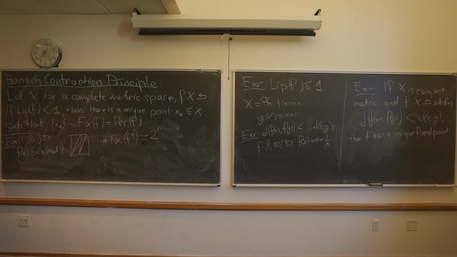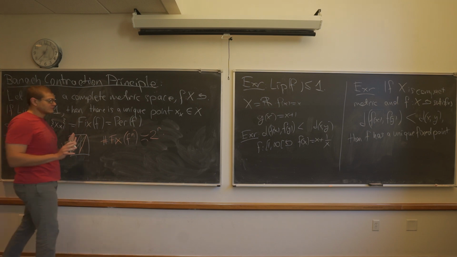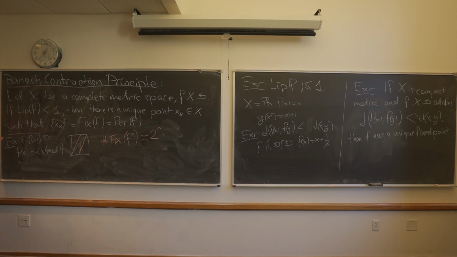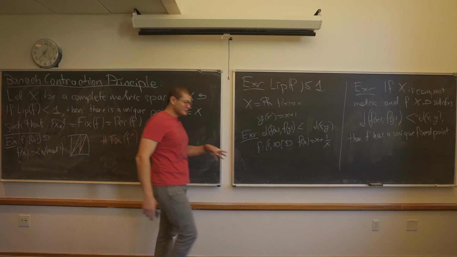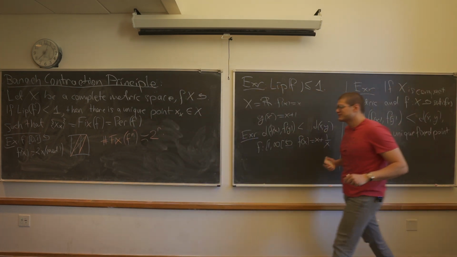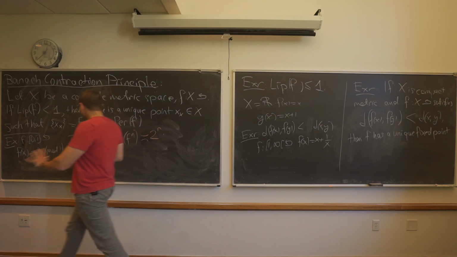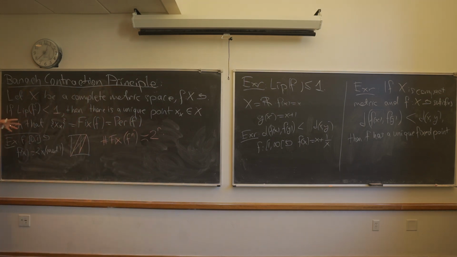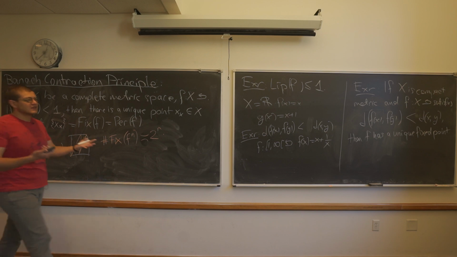First we're going to show it has at most one point, and then we're going to show it has at least one point. The only number that is less than or equal to 1 and greater than or equal to 1 simultaneously is 1. So that's going to be the proof. After that, we're going to look back into the proof and extract certain estimates, and that's going to lead to what Barnsley calls the collage theorem.